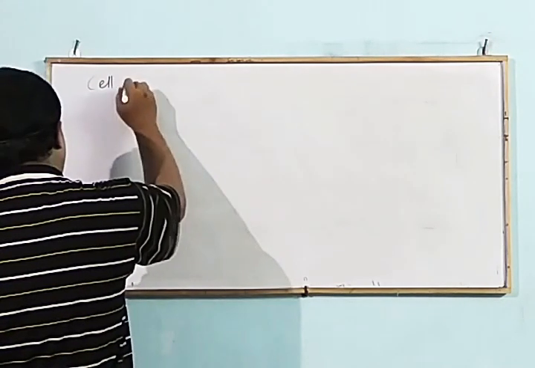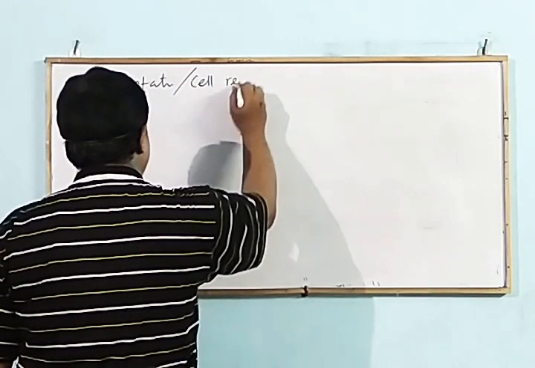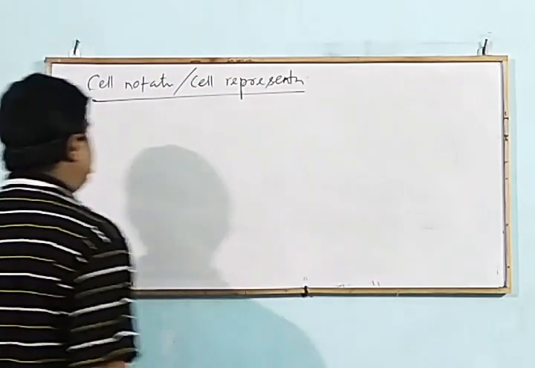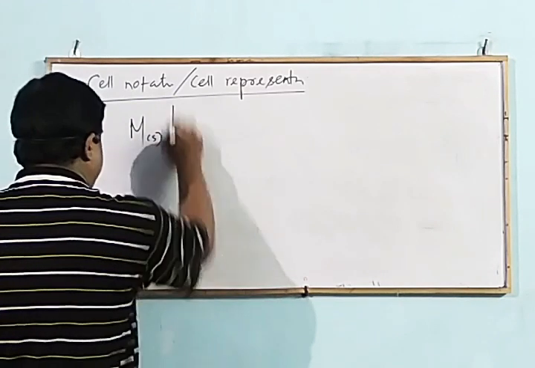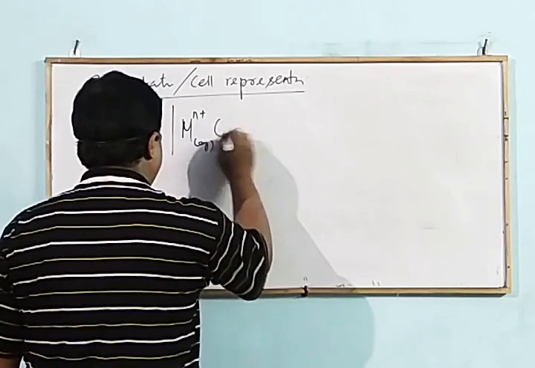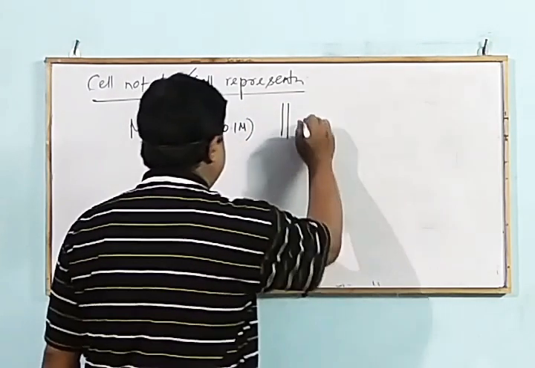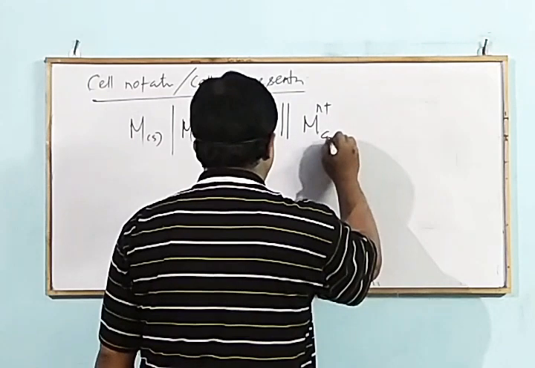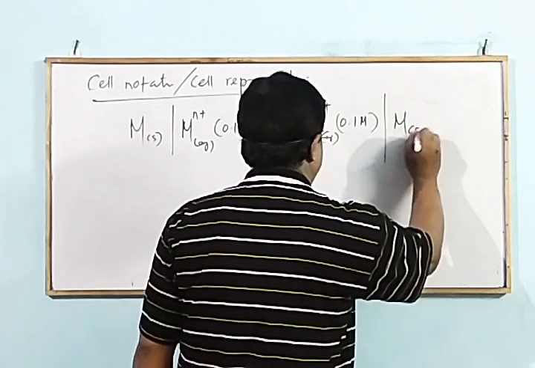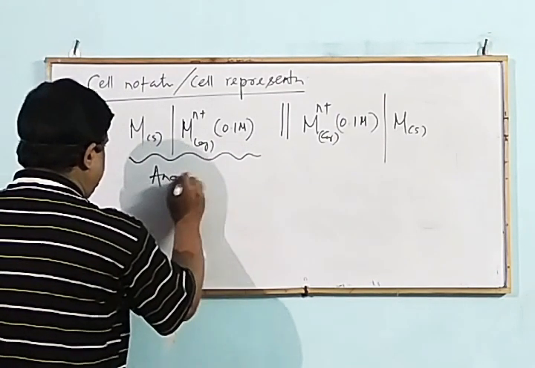Mark that. That is metal solid, converted to metal ion and its concentration 0.1 M. Double vertical line is known as the salt bridge. Then another metal ion 0.1 M molar concentration, metal in solid. This is known as the anode half cell.